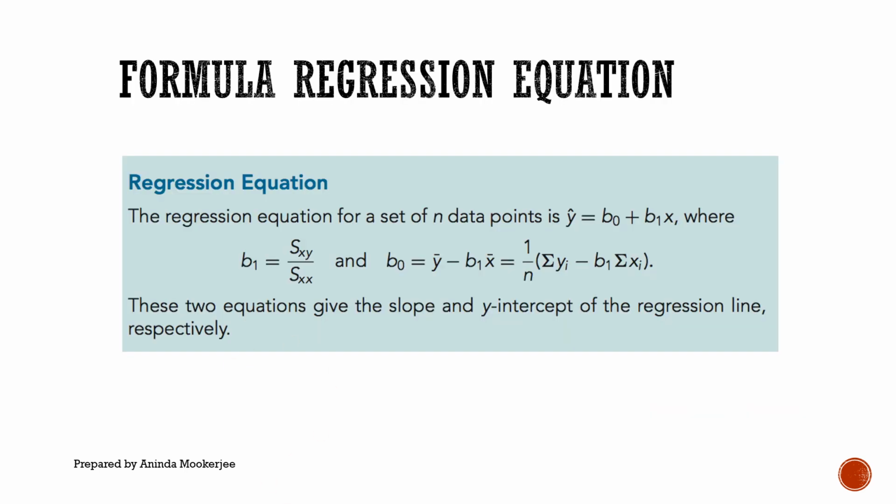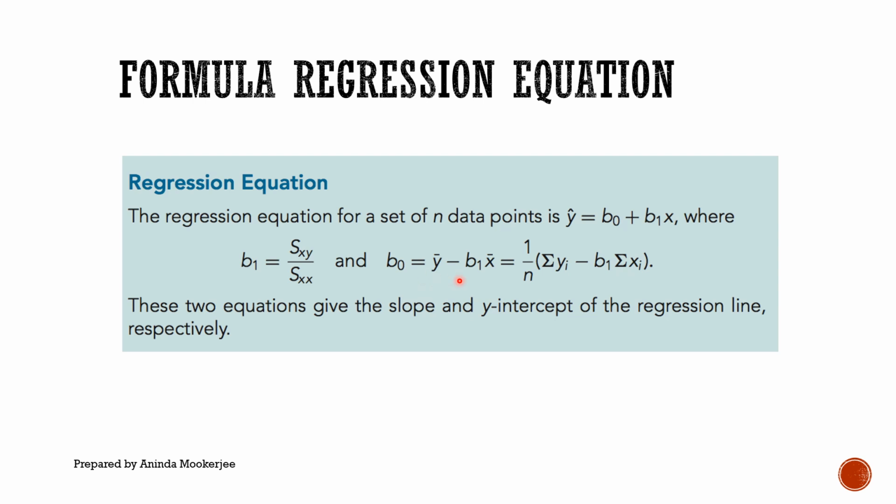So here we have the formula for b sub 1, and that's s sub xy divided by s sub xx. Now, when working on the regression equation, we must first find the slope and only then can we find the intercept, because as you can see in the formula for b sub 0, we are using b sub 1.